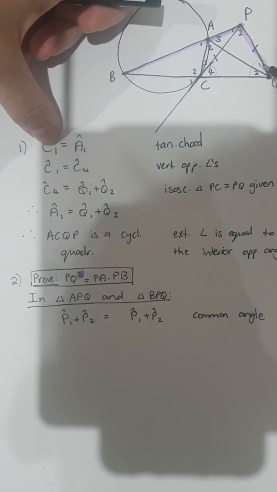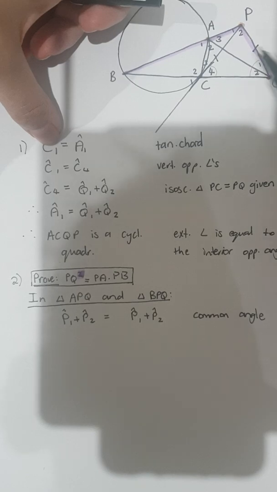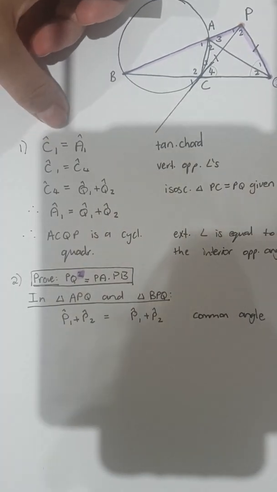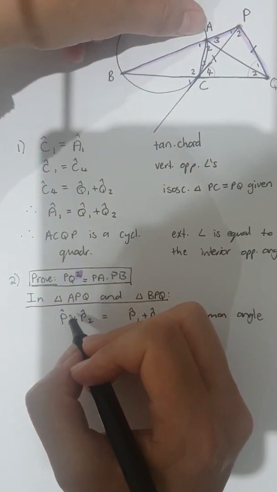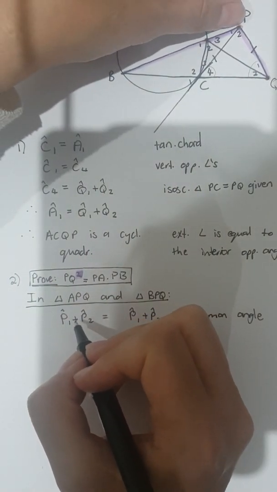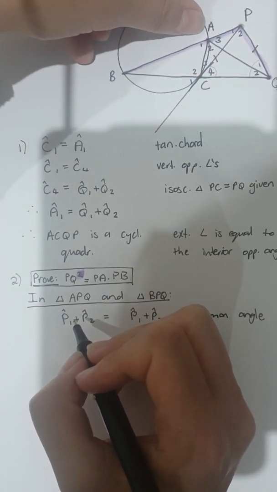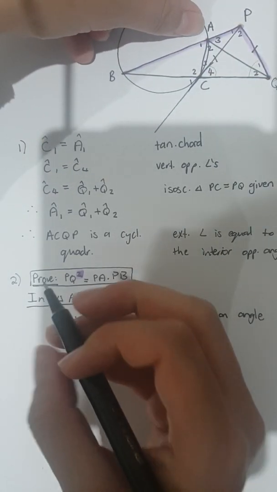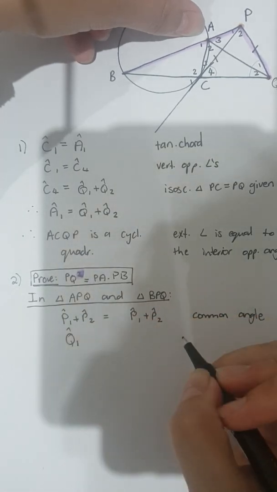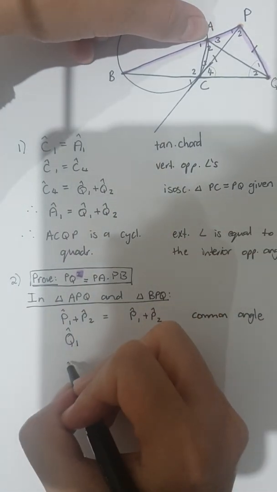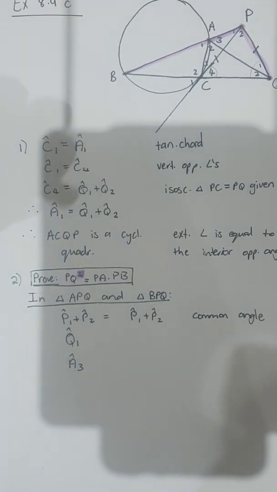Then I know that BPQ and APQ. So I'm now looking for, let's write the angles down quickly. ABQ. So maybe I'm looking for something with a Q1. So Q1 in this triangle, and then I'm looking for something that A3 will be equal to.